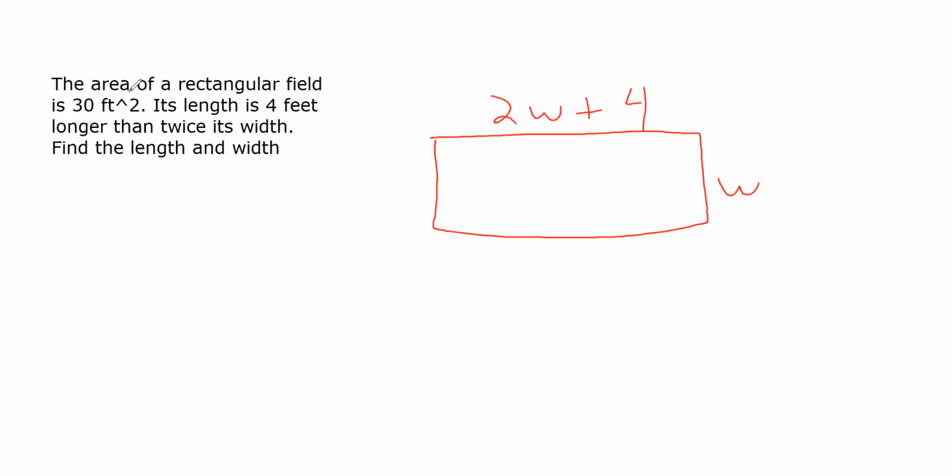And then we're told that the area of the rectangular field is 30 square feet. Well, to find area, we would need to multiply length times width. Because we know there's a formula for the length in terms of the width, that keeps everything in one variable. Our only variable is going to be w.